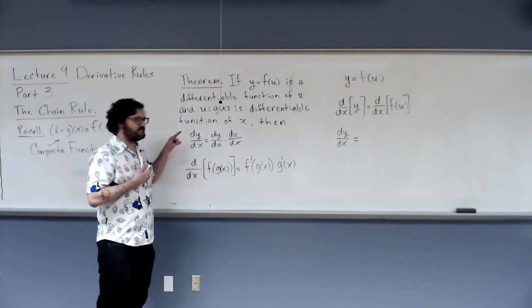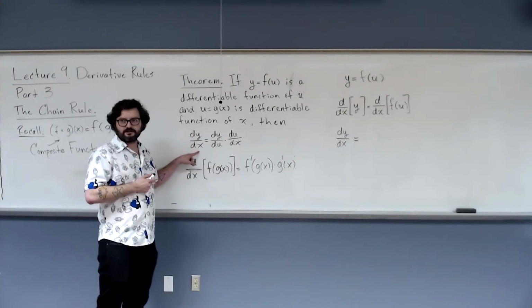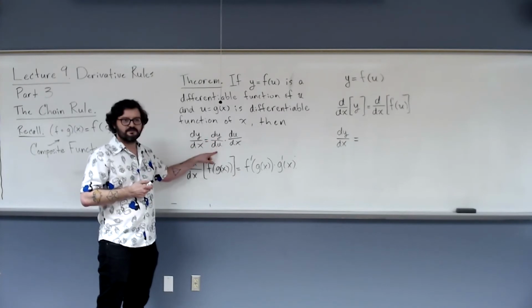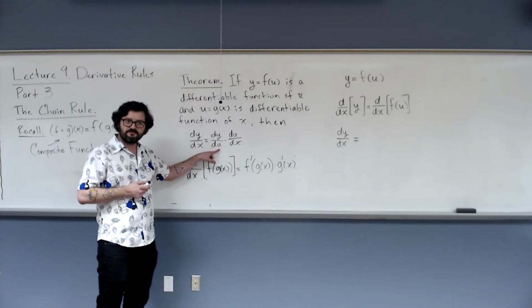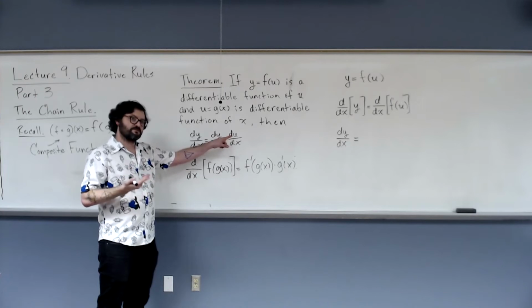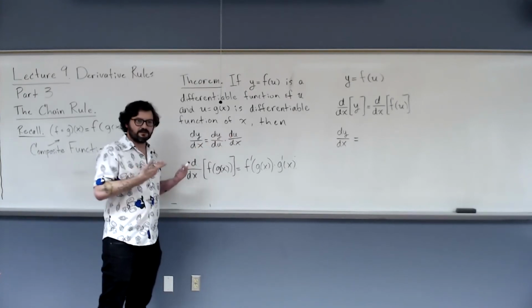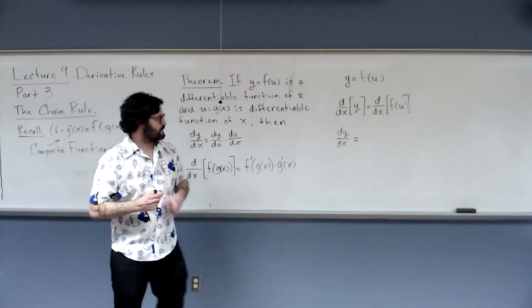Maybe that's why I like it. When I look at this, I literally read derivative of y with respect to x. And when I read this, derivative of y with respect to u. And then here, derivative of u with respect to x. I like reading it that way, and then saying it out loud as I'm working because it kind of reminds me of what's happening.